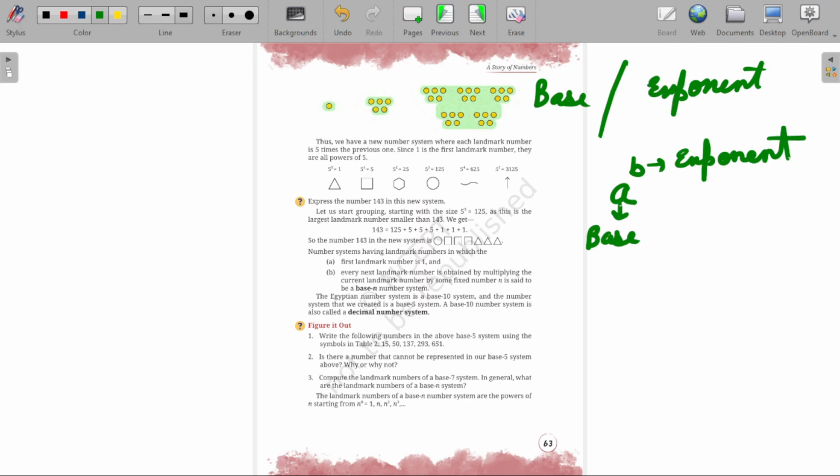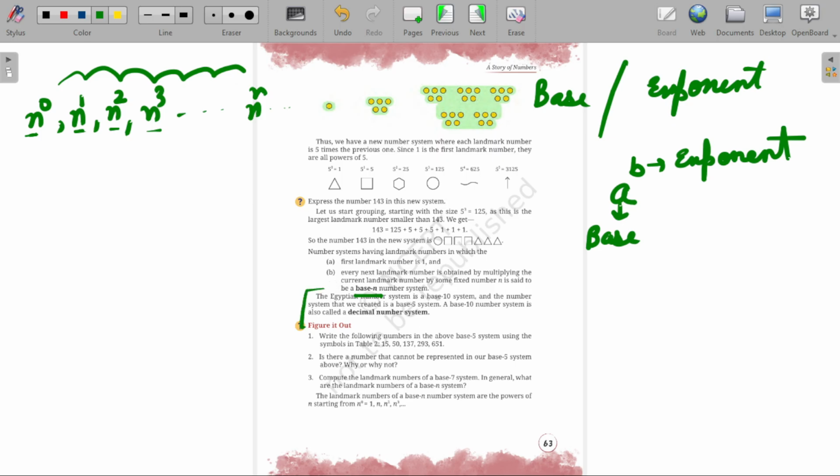Base n means we have n raised to 0, n raised to 1, n squared, n cubed and so on; the base value will be n and the powers will vary. The Egyptian number system is a base 10 system, and the one that we created is a base 5 system. A base 10 system is also called the decimal number system.